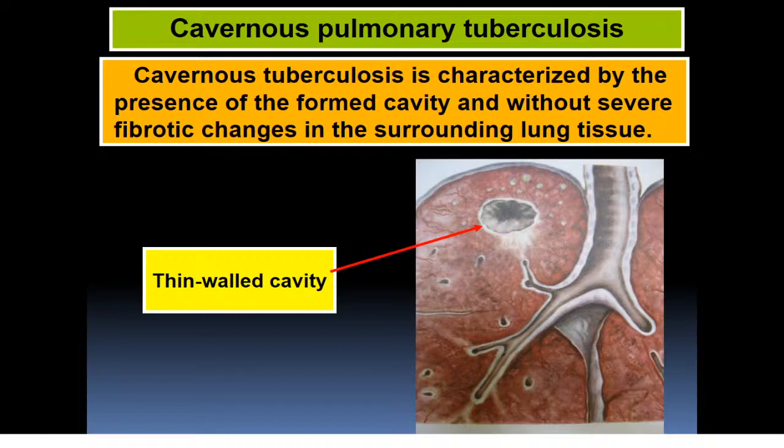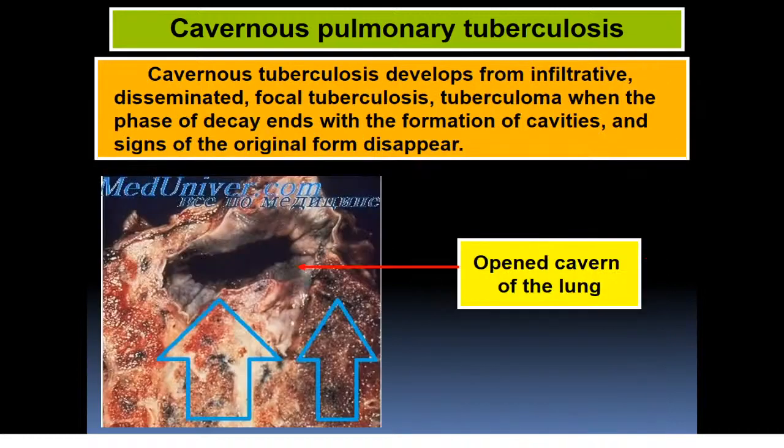This is a formation of cavern with thin wall. Cavernous tuberculosis develops from infiltrative, disseminated, focal tuberculosis, tuberculoma, when the phase of decay ends with the formation of cavities and signs of the original form disappear.